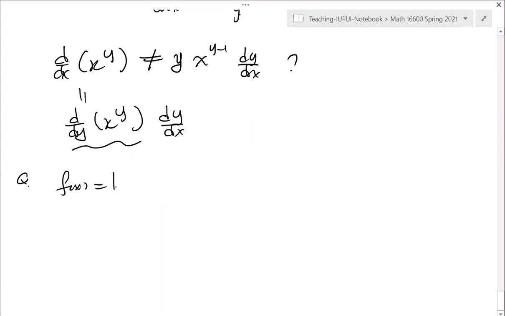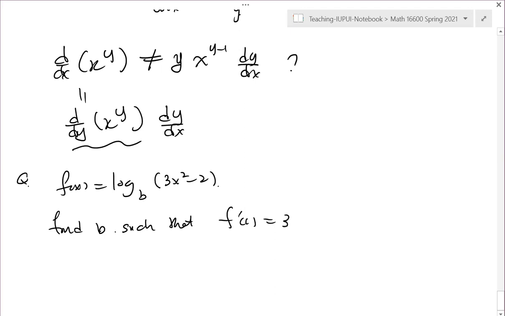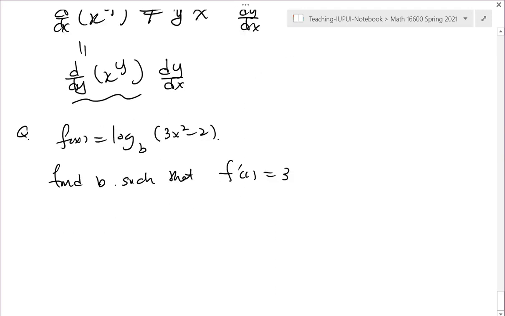So we have a function. Find the value b such that f prime of 1 equals 3. So what is that question? The b is undetermined.